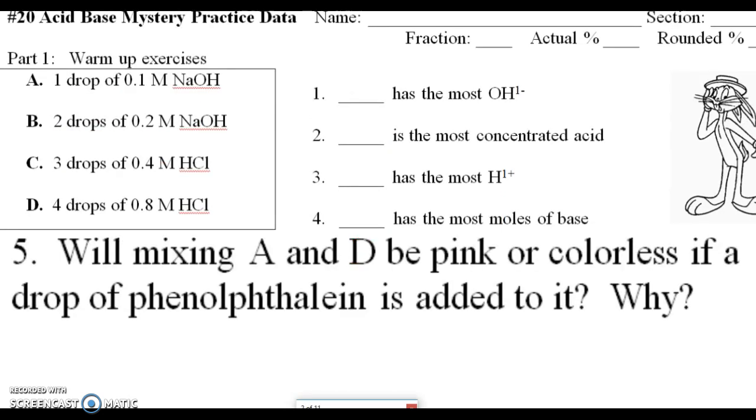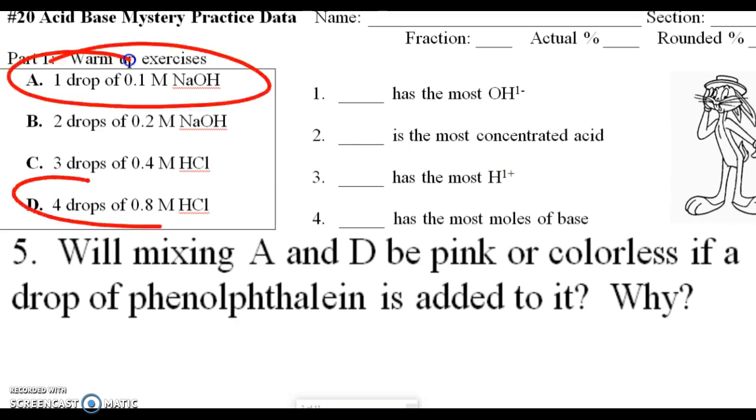All right, number 5. Will mixing A and D be pink or colorless if a drop of phenolphthalein is added to it? So in this problem, we're doing A and D, and will it be pink if a drop of phenolphthalein is added to that combination? Well, if I look at this combination, I can see that D has more drops of a higher concentration acid.